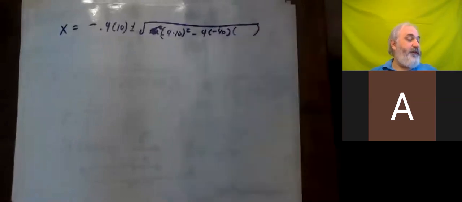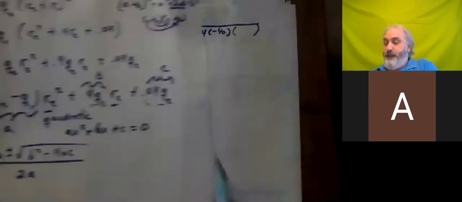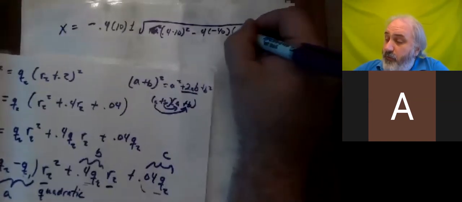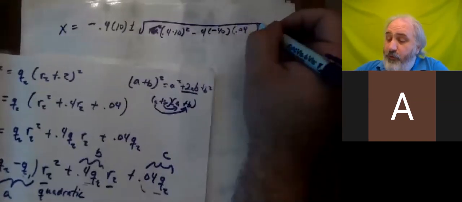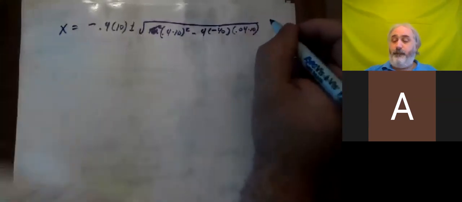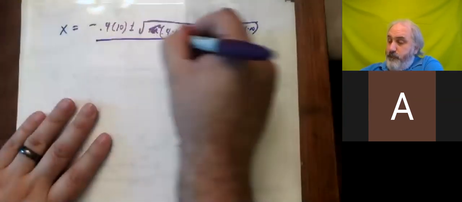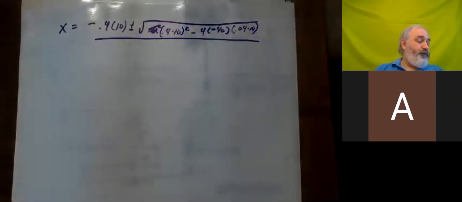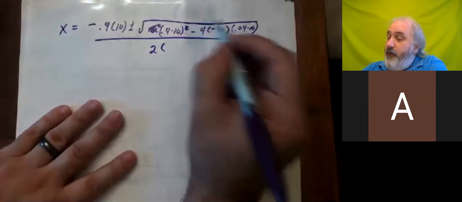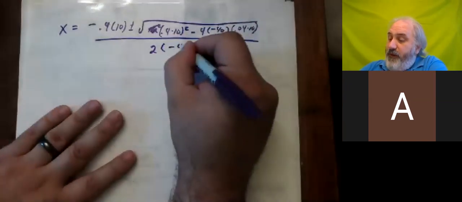And then what is c? 0.04 times Q2, which is 10. All over 2 times a, so that's 2 times negative 40.